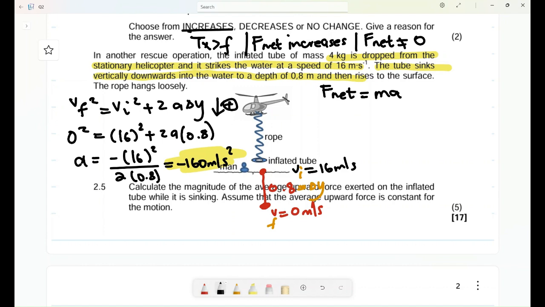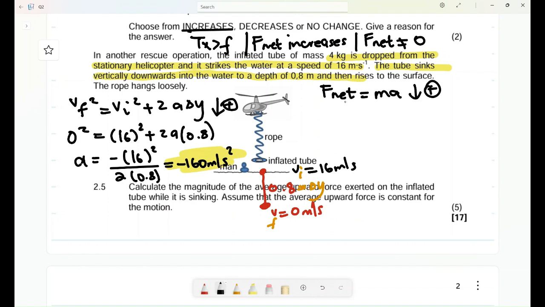Because my object was displaced downwards. So 0.8 was going to be positive because it is displaced downward. If I chose upwards as positive, it means this 0.8 was going to be negative because it is downwards and I'm choosing upwards as positive. So yes, I hope you are following that. Also, this Vi is going down, so hence it is positive. So I'll also choose downwards as positive here.